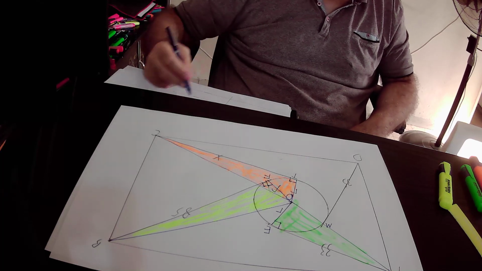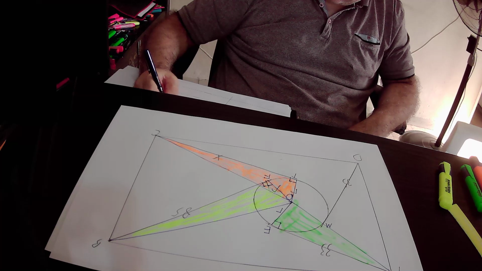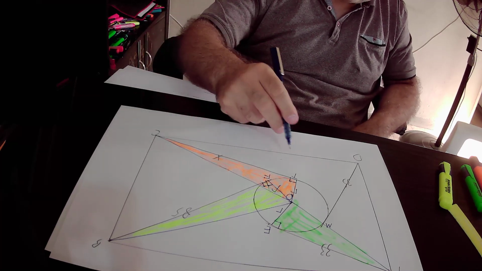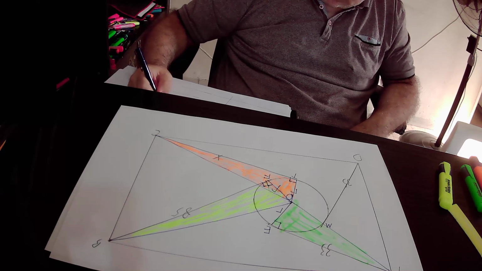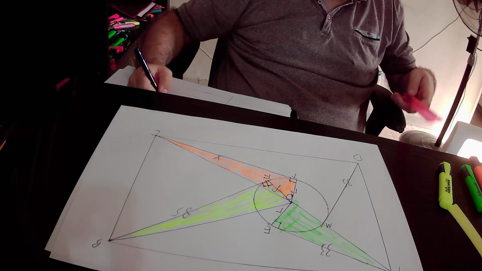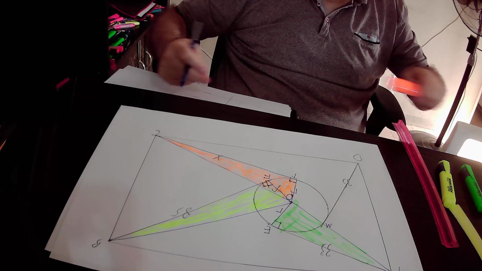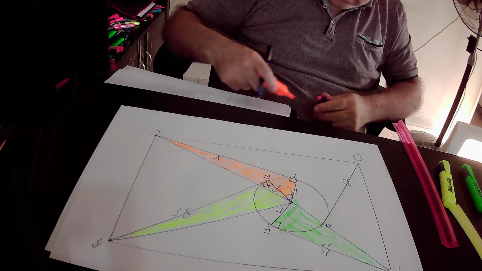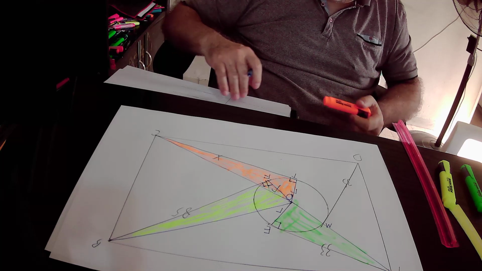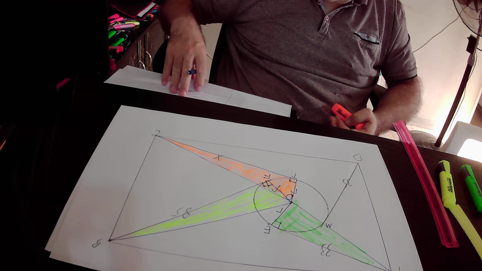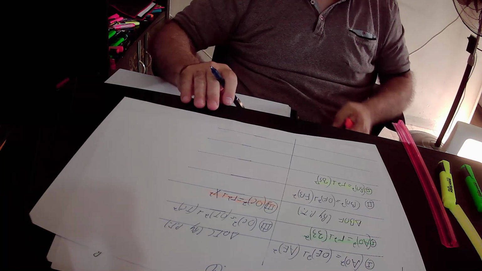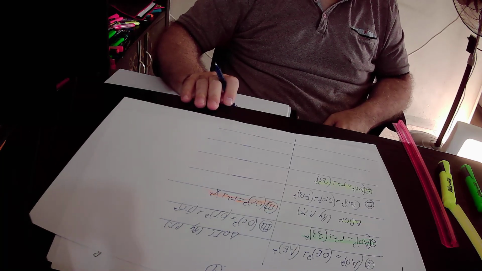OT is R, therefore OT square is R square plus TC square. TC is X, therefore TC square is X square. So in conclusion, I found out that according to equation number 3, in the right orange triangle OTC, OC square equals R square plus X square.